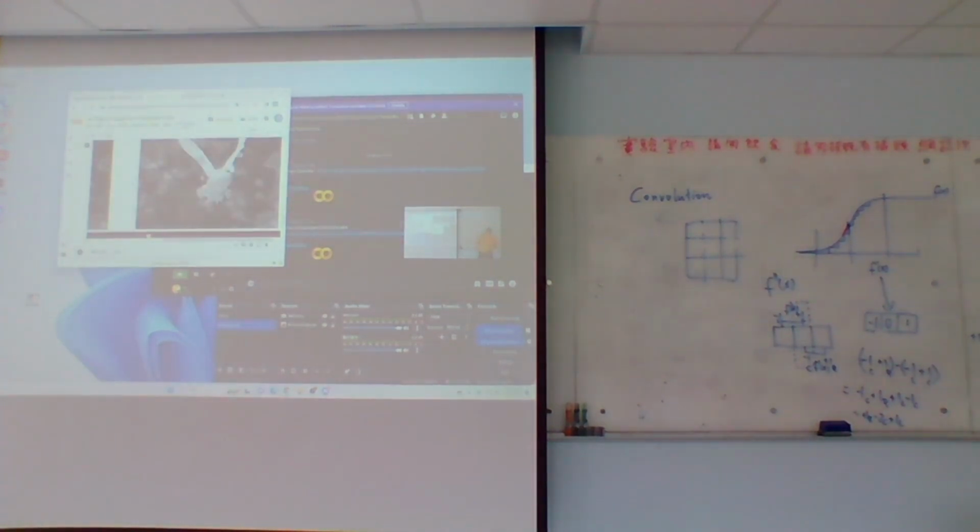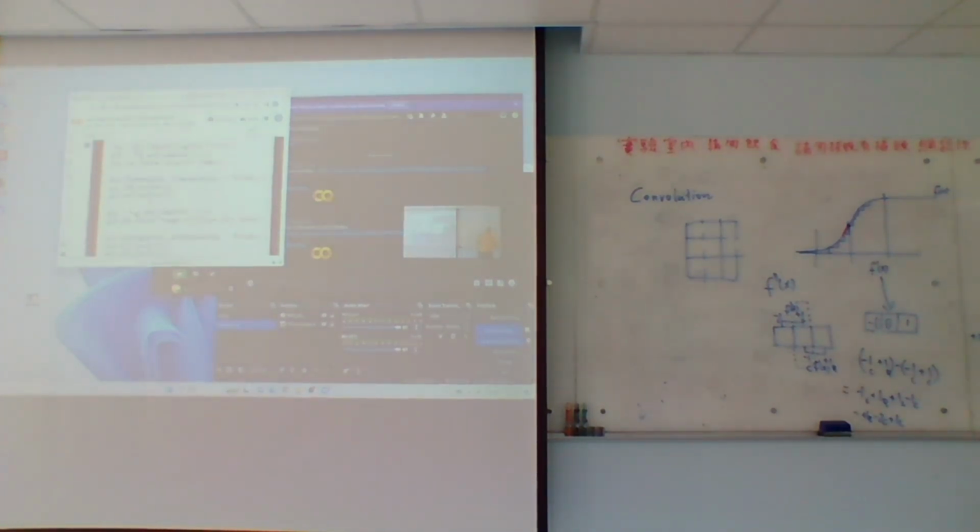Here's the image corrupted by noise. Now the noise is uniform distributed. No, this time it's a white noise, so it has mean of 0 and standard deviation of 5. So it's a Gaussian noise that is added to it.